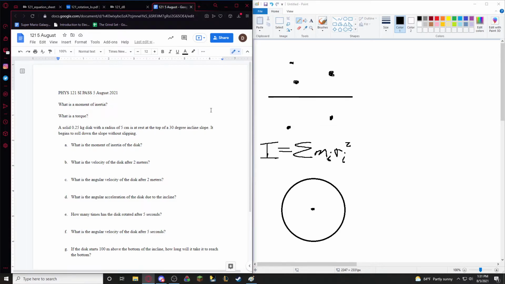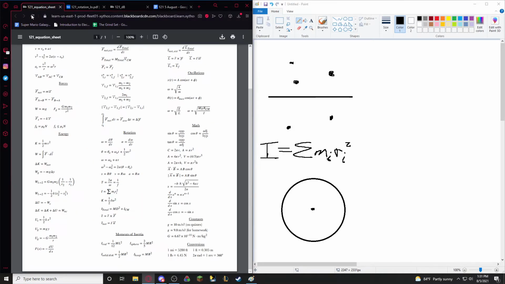And how do we calculate the torque? Torque would be the force times the distance? Sort of. You're sort of scratching the surface, not times the distance.